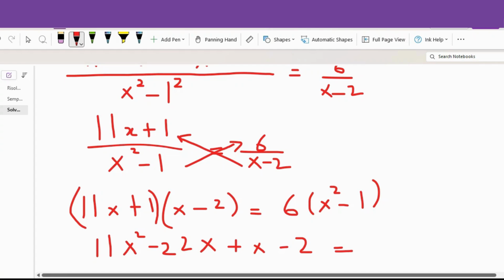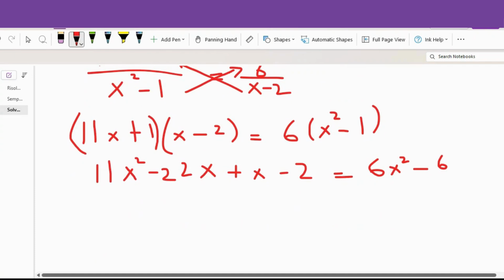And if we distribute this, it's going to be 6x squared minus 6. Now what would we do? We would combine the like terms, moving everything to one side.